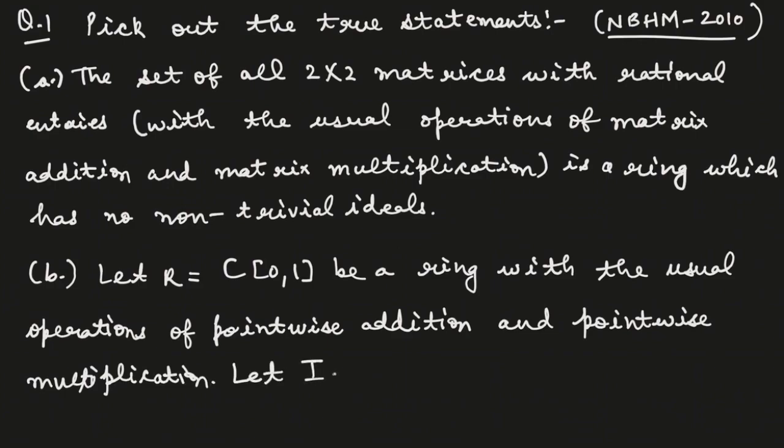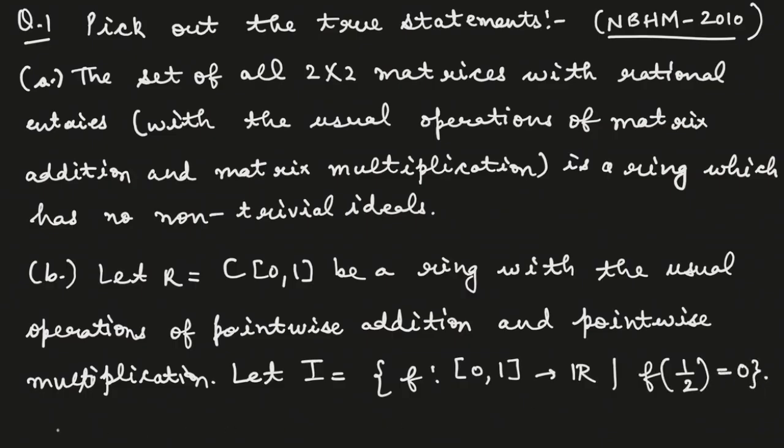Let I equal the set of f mapping from [0, 1] to real numbers such that f(1/2) equals 0. Then I is a maximal ideal. This question is MSQ.